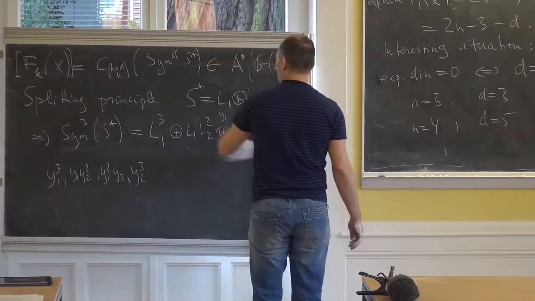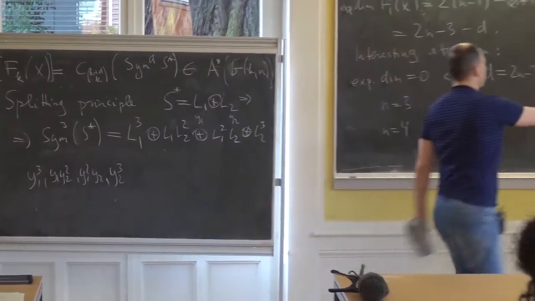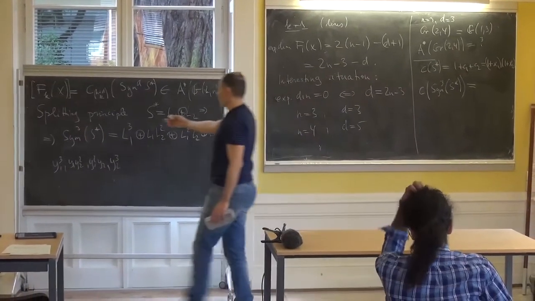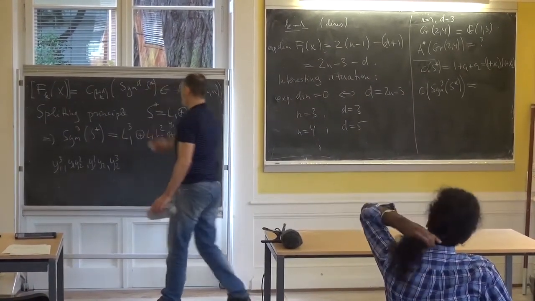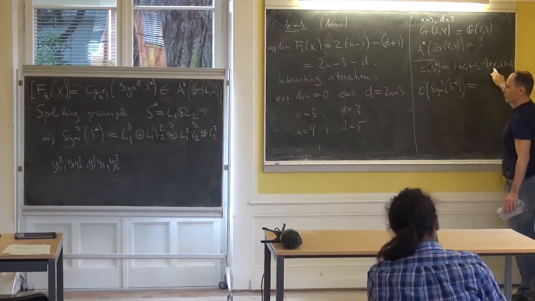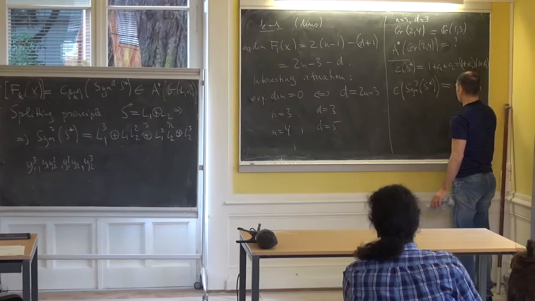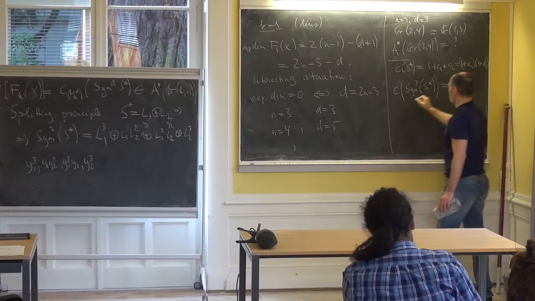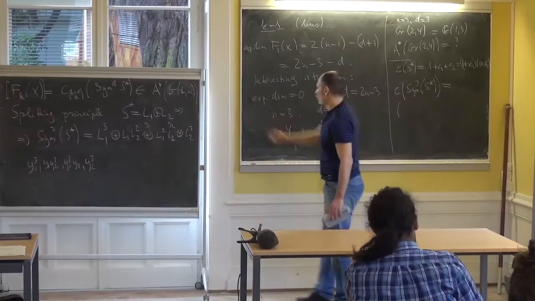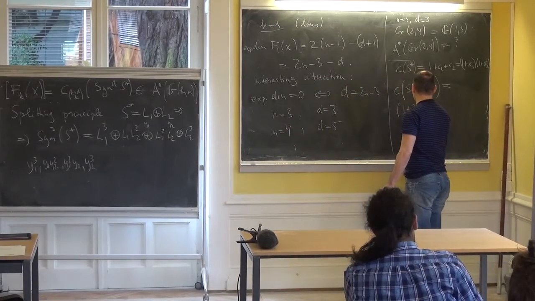So the total Chern class is just going to be a product of the total Chern classes of these line bundles. Of course, when you take a cube of a line bundle, that just multiplies its class by 3. So it's just going to be the product of the following things. The first, corresponding to L1 cubed, is just going to be 1 plus 3x1.